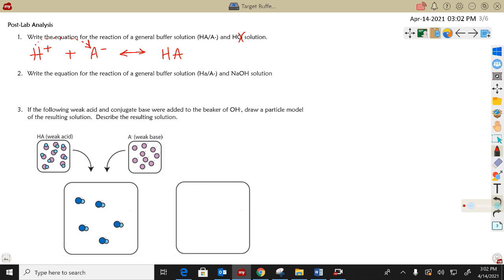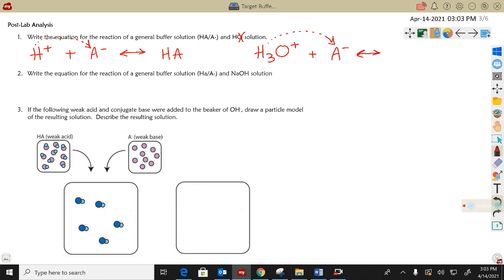So even if I produce a little bit of weak acid, it still is a way of removing hydrogen from the solution. Now, the other way you might see this written is instead of writing the hydrogen as H+, you might see it written as hydronium, H3O+. But the equation is really similar. It's still the sign of an acid, and it would react with the conjugate base. The base would take one of those extra hydrogens off the water molecule. That's all hydronium is.